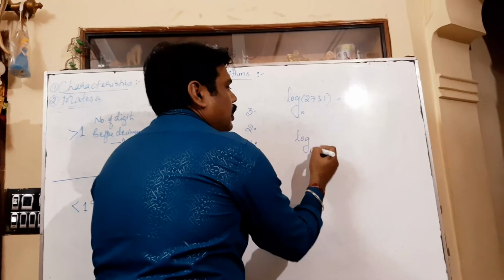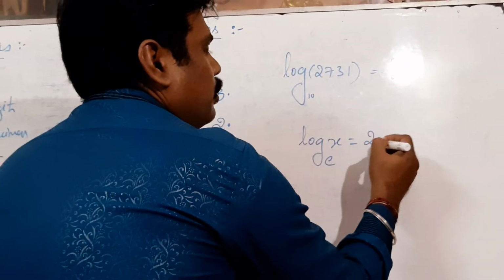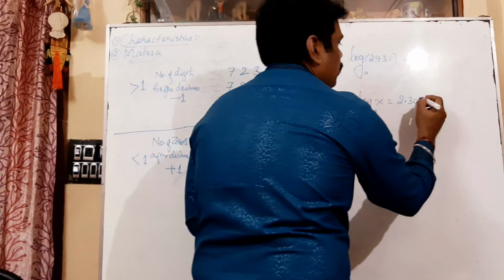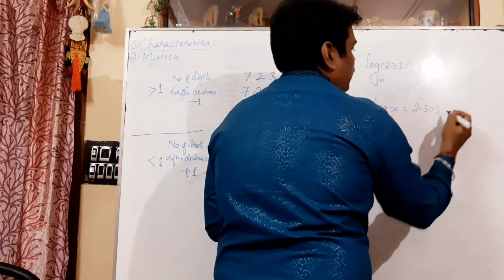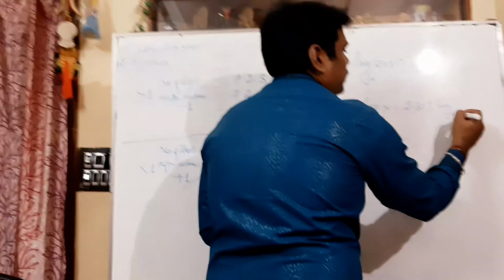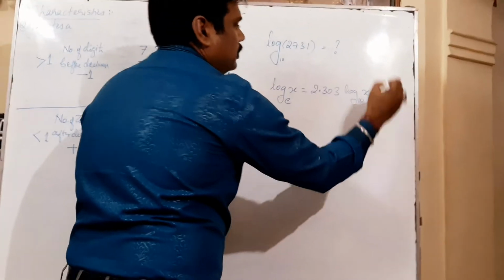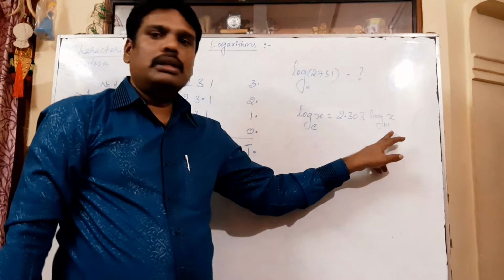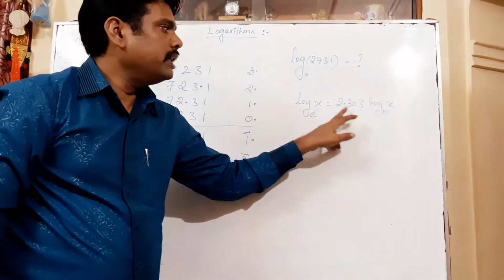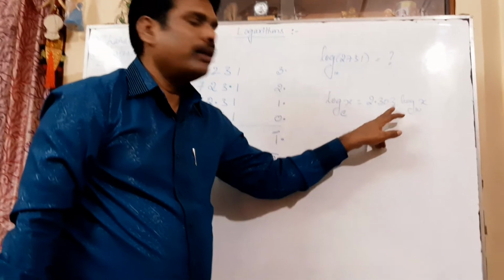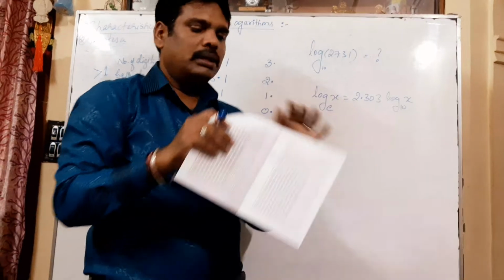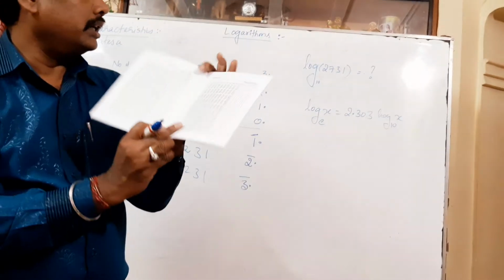If I want to convert log base e to log base 10, we have to multiply by 2.303. While converting natural logarithms to common logarithms, one should multiply by this constant value, 2.303. So this number is already multiplied and all values are already calculated.